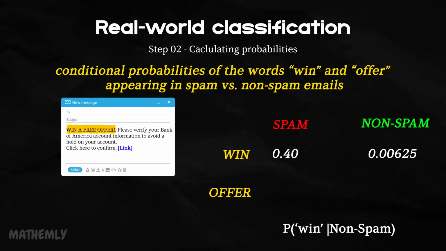The probability of "offer" appearing in spam is the probability of offer given spam, that is 50 over 200 or 0.25. The probability of "offer" appearing in non-spam is the probability of offer given not spam, that is 10 over 800 or 0.0125.